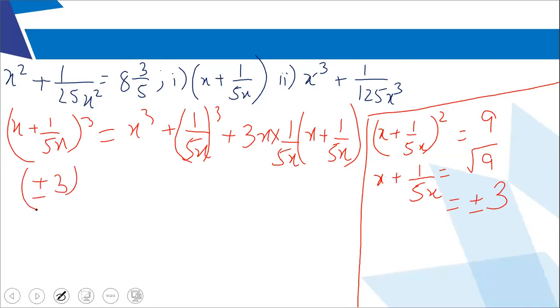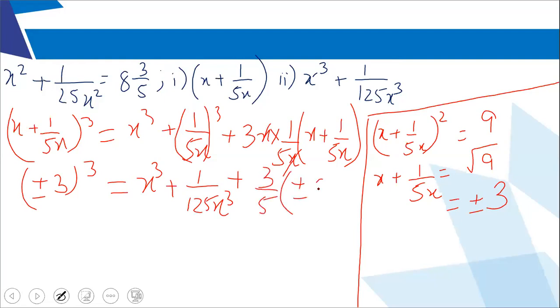I think this question I took in the class also. You took. Here also you will write plus minus 3, and there plus minus 27 and is equal to x cube. Did this question?